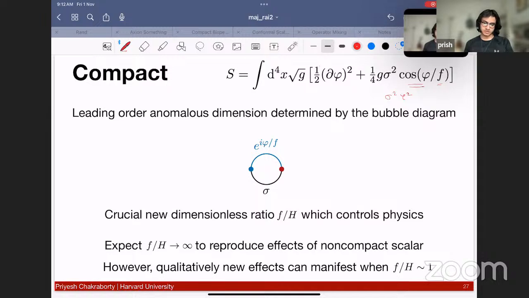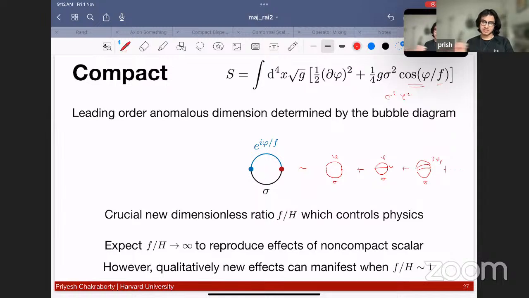So the leading order anomalous dimension is going to be determined by the so-called bubble diagram. Don't be fooled, it's not actually a bubble diagram. This should really be understood as you're exchanging a phi, you're exchanging 2 phis, 3 phis.